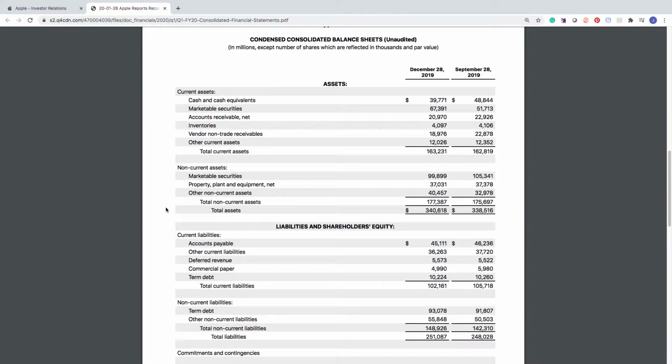So a simple way to think about this is total assets minus the total liabilities gives you total equity, or the company's net worth.